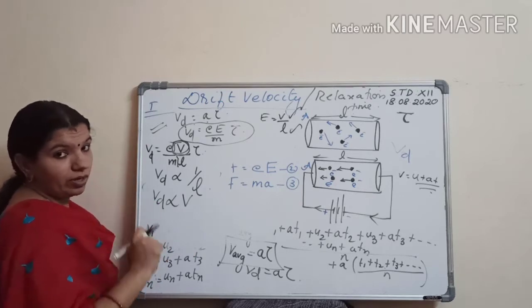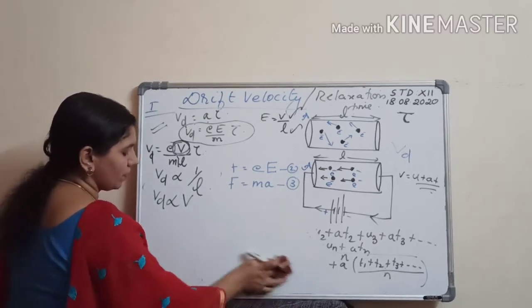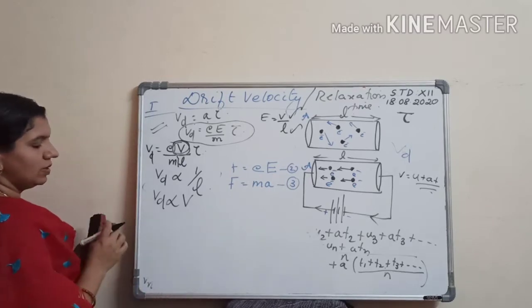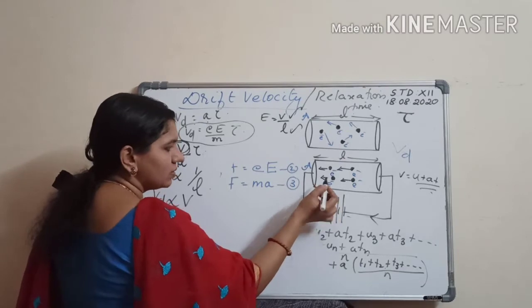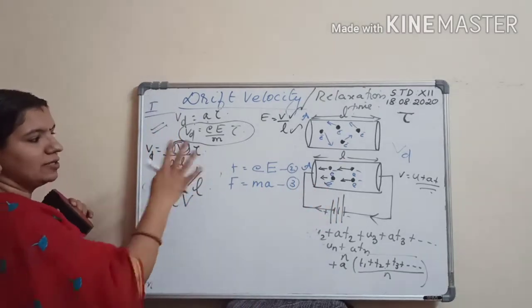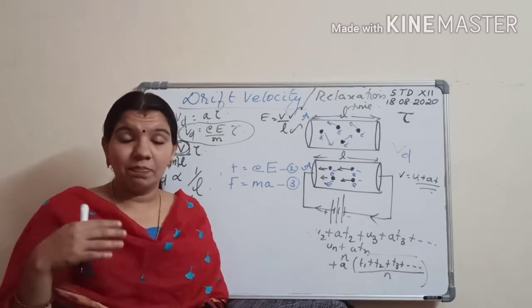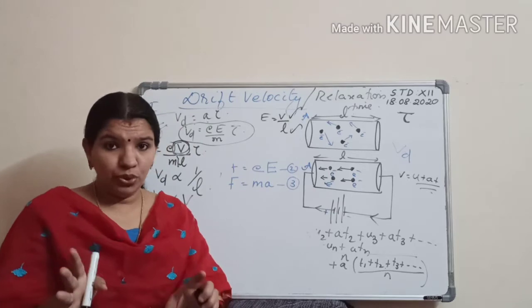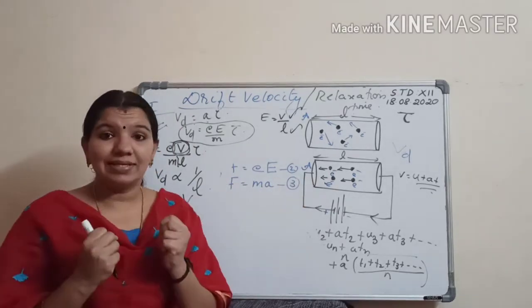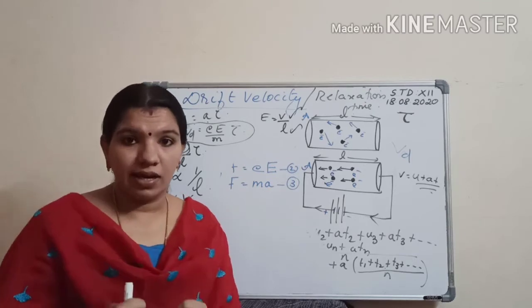Now one important point. This metallic conductor is there. I am applying a suitable temperature and heating this metallic conductor. That means the temperature is increased. When the temperature is increased, the electrons will attain kinetic energy.